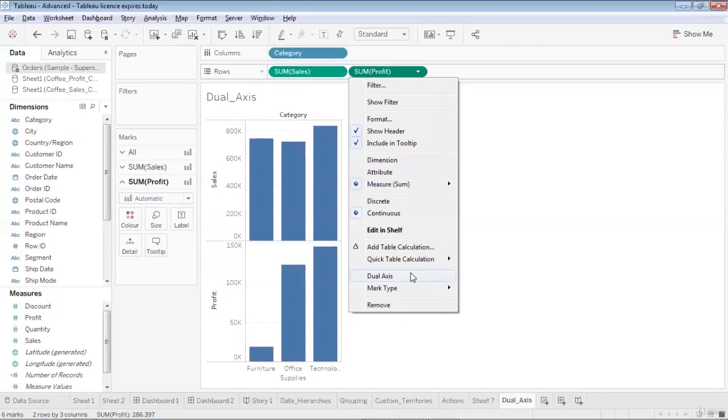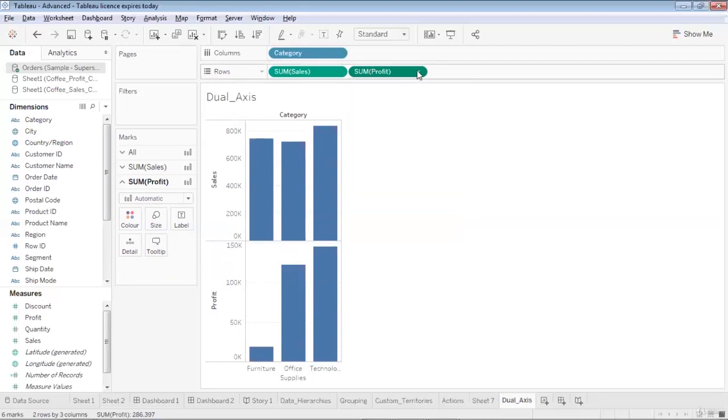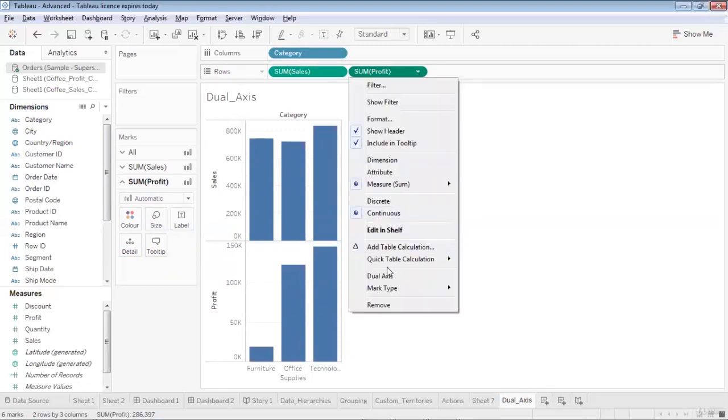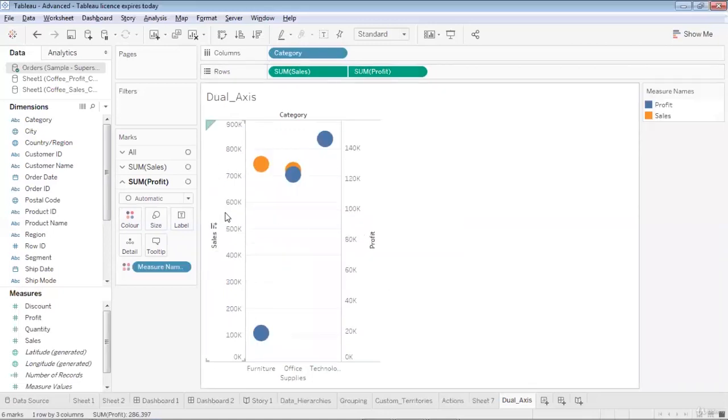The reason is that the second measure pill added over here only gets the option to add a dual axis. So the moment I do dual axis, the profit scale has moved to the right hand side, and now both sales and profit are being represented on this single graph.